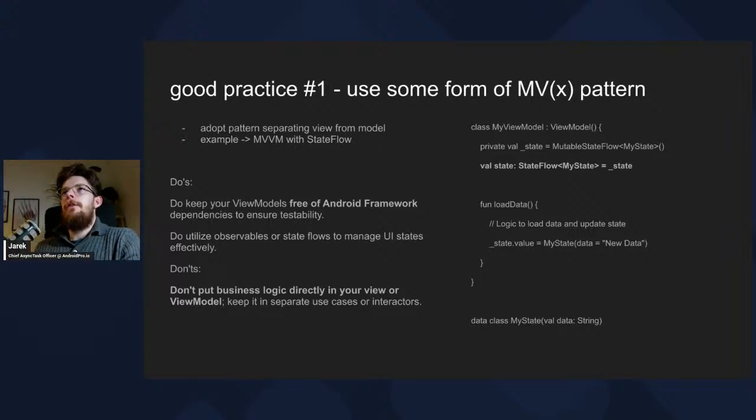In one of my projects, we initially bypassed using any kind of MVX pattern, and the code was tightly coupled. We had tight coupling between UI and business logic, and eventually there wasn't any cost saving because this made the app difficult to maintain and test. So after a few screens, we transitioned to MVVM and everyone was happy.